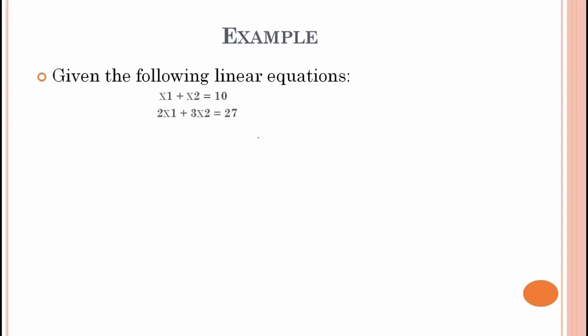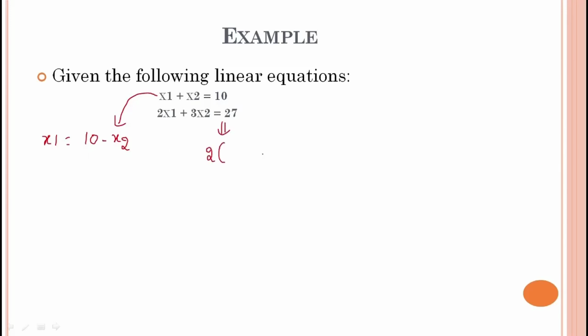First we will solve this linear equation and see what the answer is. So first we can write x1 is equal to 10 minus x2, isn't it? Now consider the other equation, and we can write it as 2 into x1.